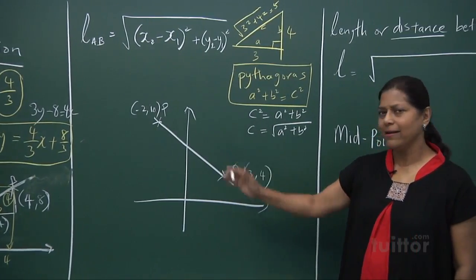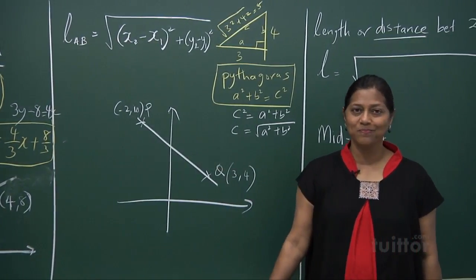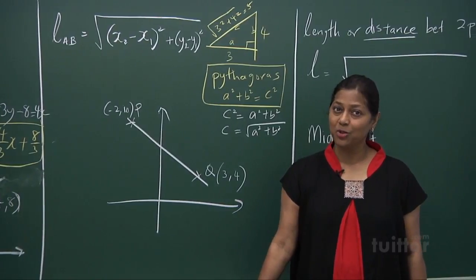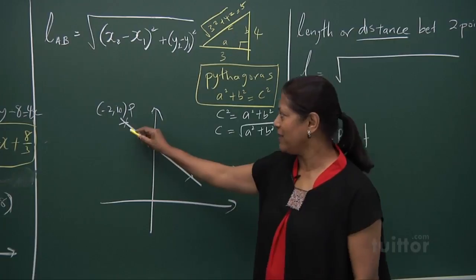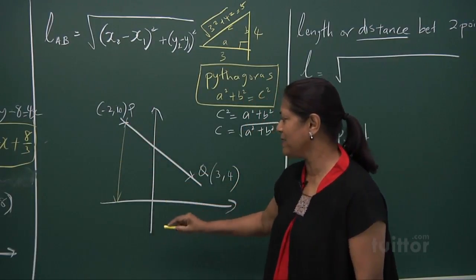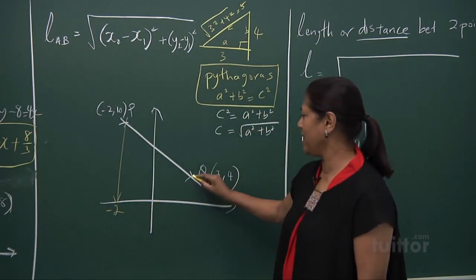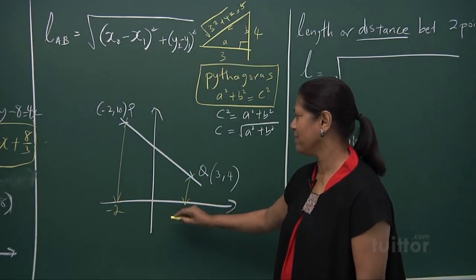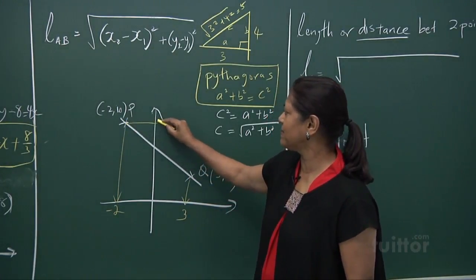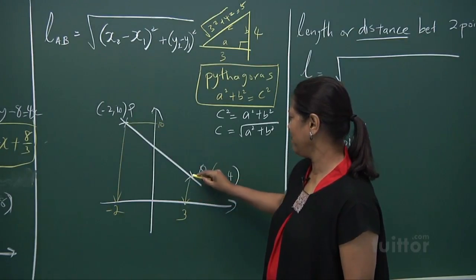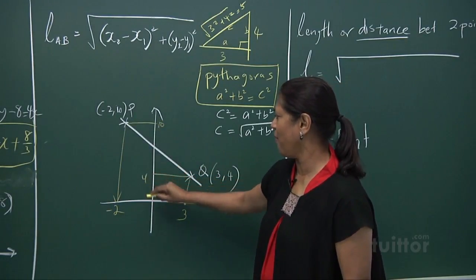How do you find the length of PQ? Think through. Aha, you got it. You know that this is minus 2, and the length of this is 3. And if you look at the vertical distance, this is 10 and this is 4.